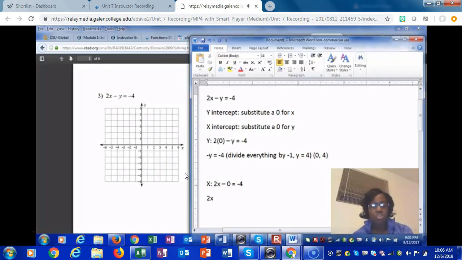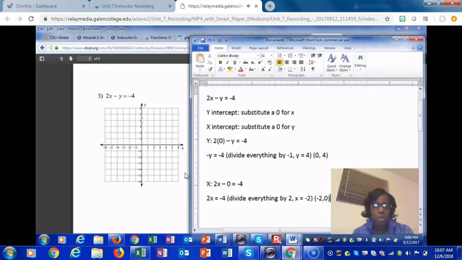And then 2x minus 0 is just 2x. That equals negative 4. Divide everything by 2, then x equals negative 2. In coordinate pair form, it's negative 2, 0.